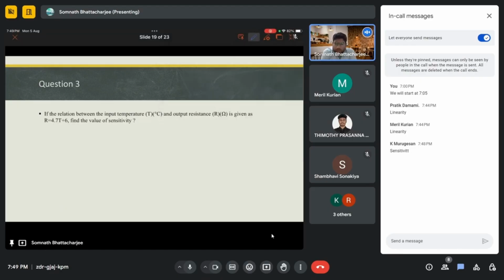In case of a temperature sensor, for a temperature value of T degrees C, we have a resistance value of R ohm. So the equation is R equals 4.7 T plus 6. How to get the value of sensitivity in this case? Why is that?